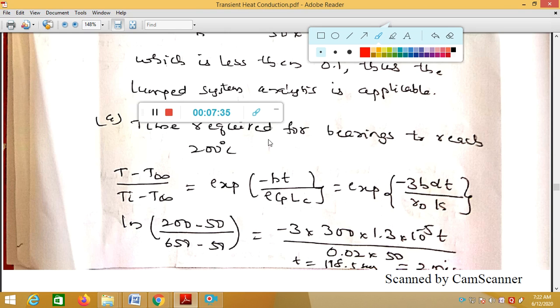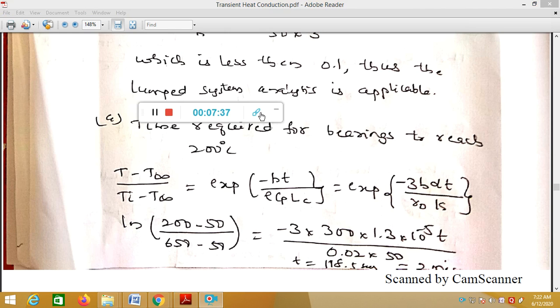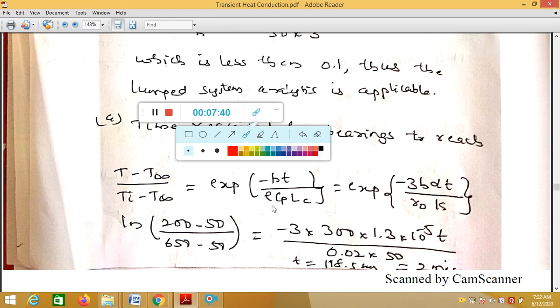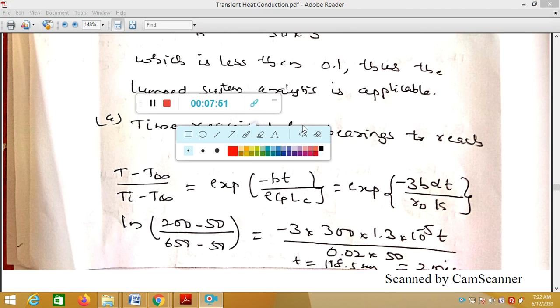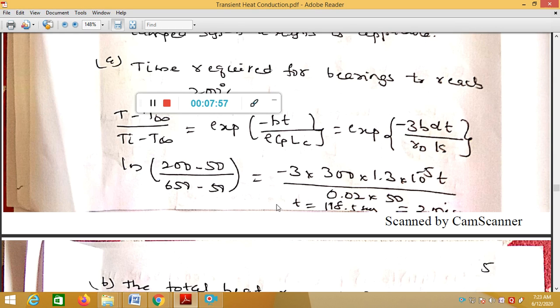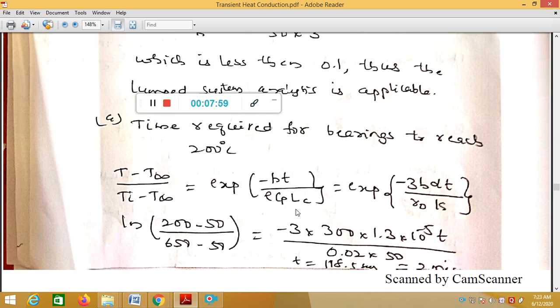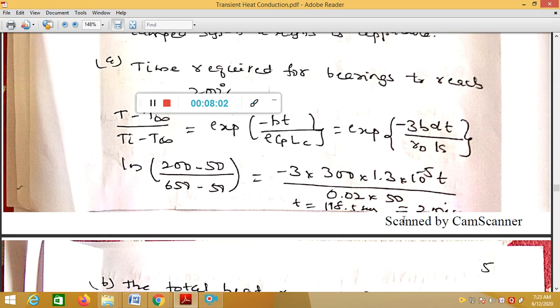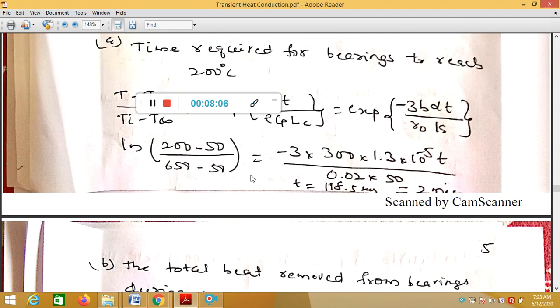Substituting rho Cp as k by alpha in these expressions, we will get the time taken by the ball to reach a temperature of 200 centigrade as 118.5 seconds.